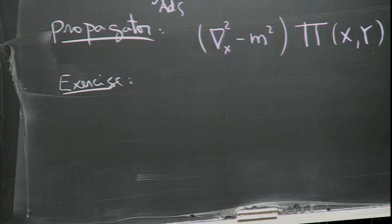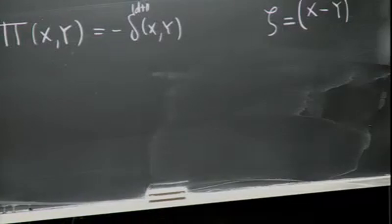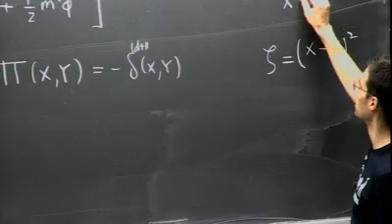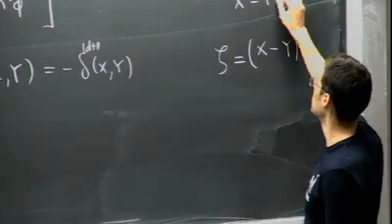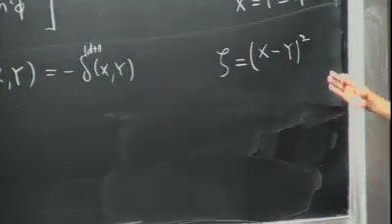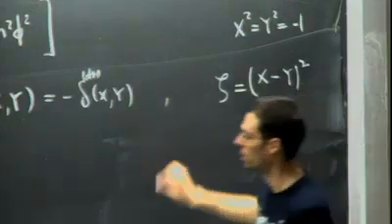So actually, it's better to write that as x minus y square. It's the same thing because both x square and y square are minus 1, right? Because that's the condition that you are in AdS. I'm setting r to 1. So this is the only variable that it can depend on.